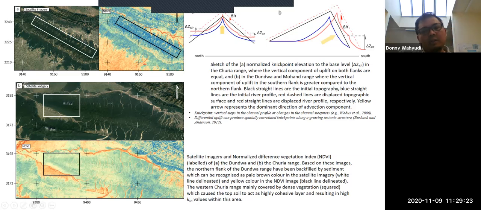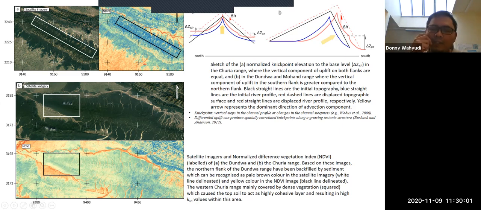And for the Western Churia range, as it is uncommon to have a higher KSN or higher uplift at the tip of the fold, we tried to explore what happened there. If we look at the satellite image and the NDVI, it seems that most of the channels in the western part of the Churia range have not been eroded, and are filled with dense vegetation over here.